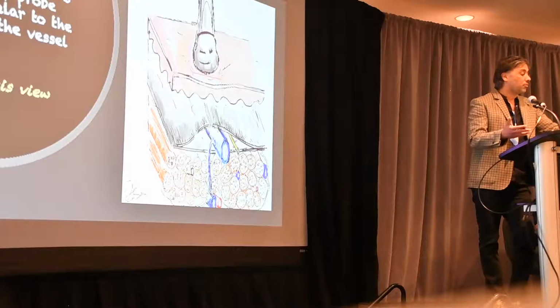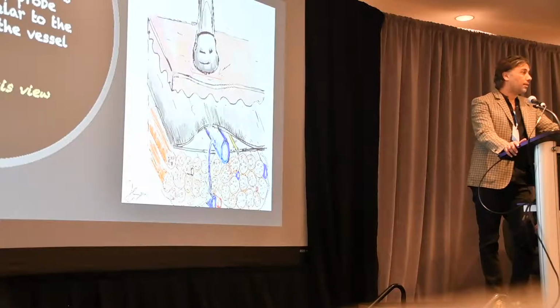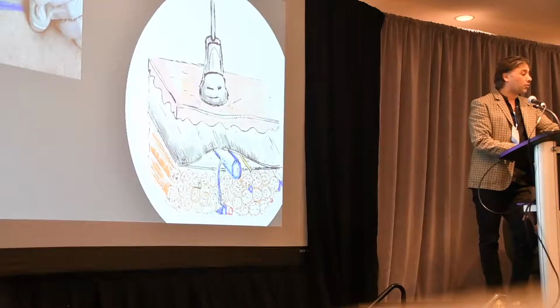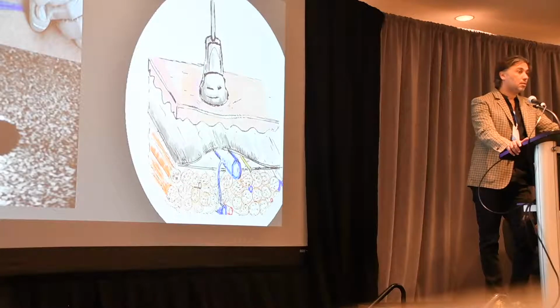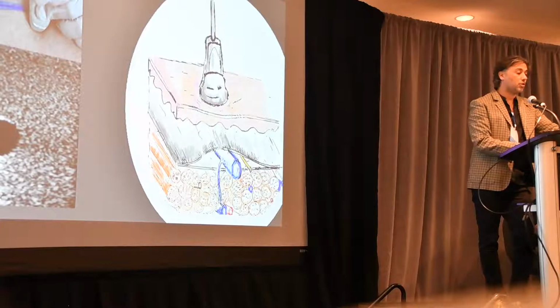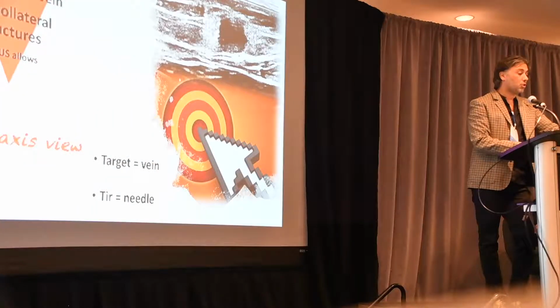When you position the long footprint of the probe perpendicular to the course of the vessel, you get the transversal view, which is called the short axis view. In this short axis view, you can see an anechoic circle image. This view allows identification of the target vein and the collateral structures.